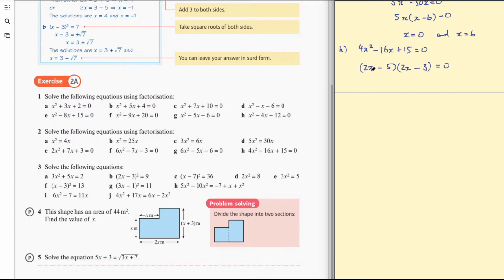Okay, so we've got this result: 2x take 5 multiplied by 2x take 3. Then we have 2x take 5 equal to 0, or 2x take 3 equal to 0. And then solving this equation, add the 5 to the other side, divide by 2. This is 5 on 2. And we also have x equal to 3 on 2.